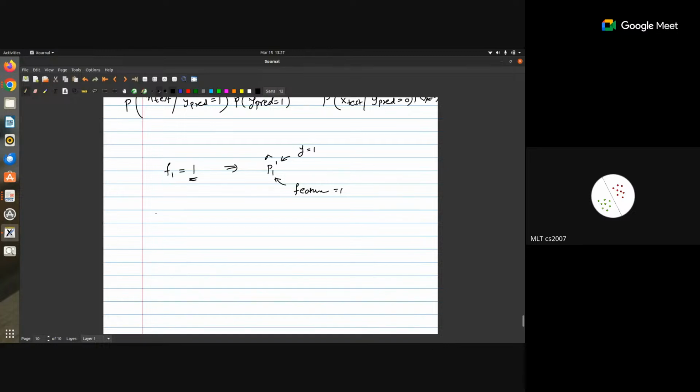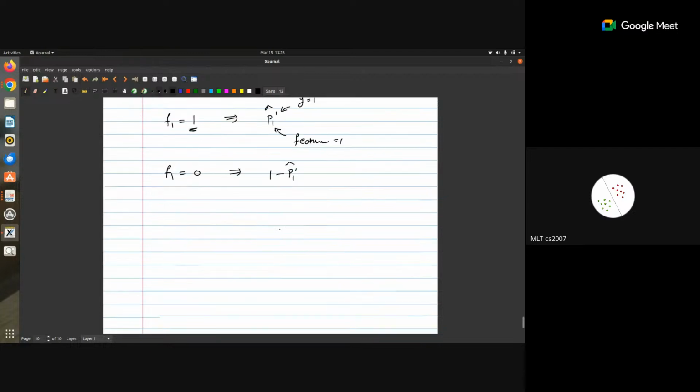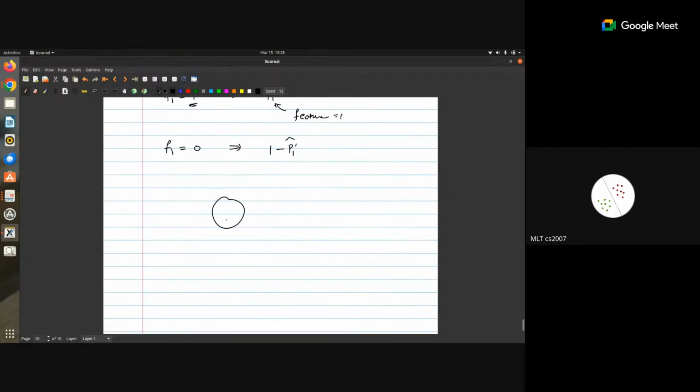But what is the probability when f1 equals 0? It should be 1 minus p1 1 hat, right? It's a simple thing. When we say this is a coin and it has p hat as the probability of success, what is the probability that y equals 0? 1 minus p hat.